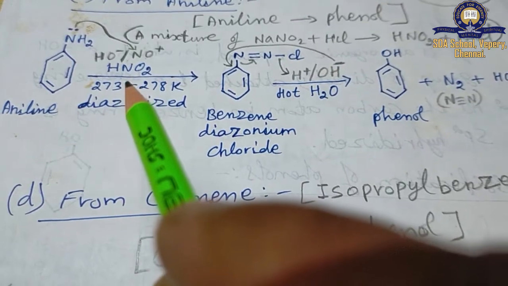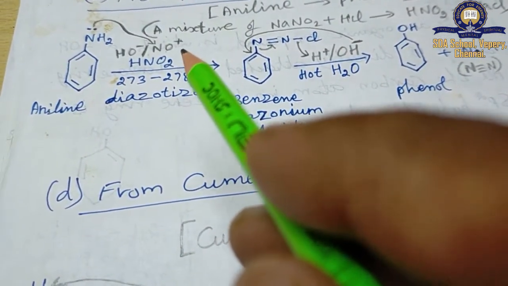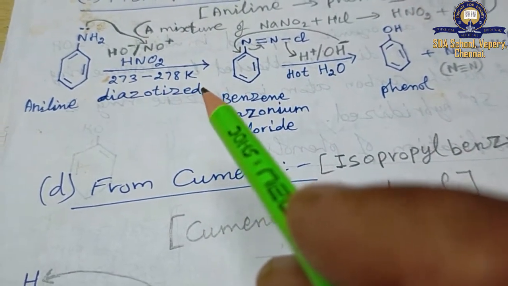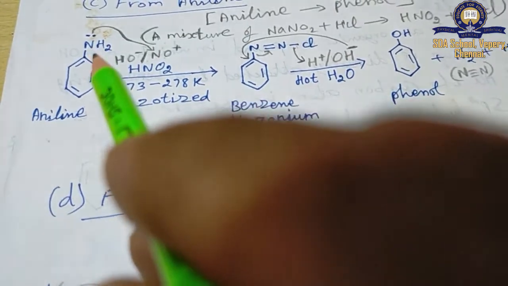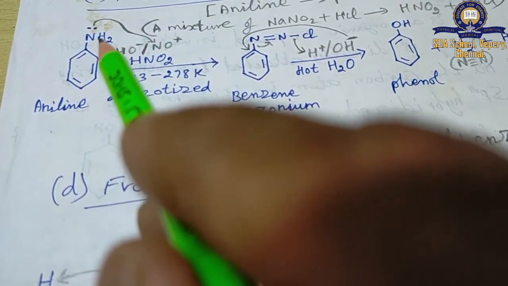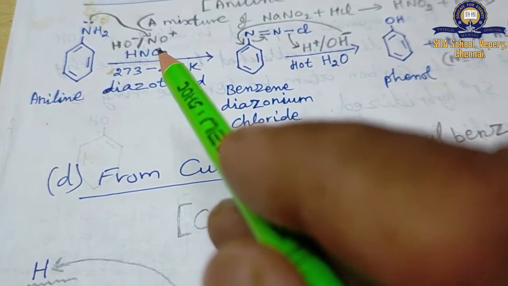Nitrous acid ionizes as HO minus and NO plus at 273 to 270 degrees Kelvin. The lone pair of electrons on the amino group attached to the benzene ring attacks the nitrogen of the NO plus group.